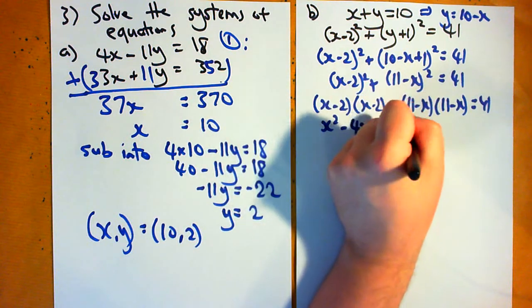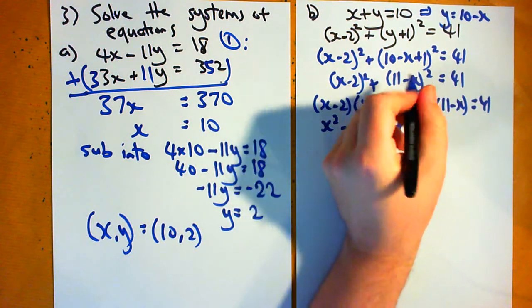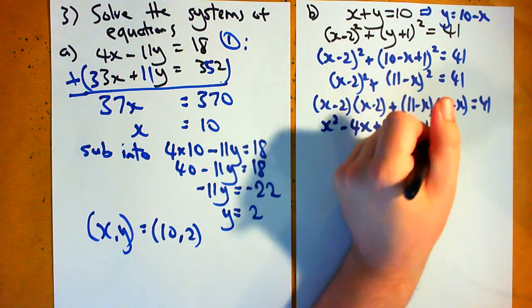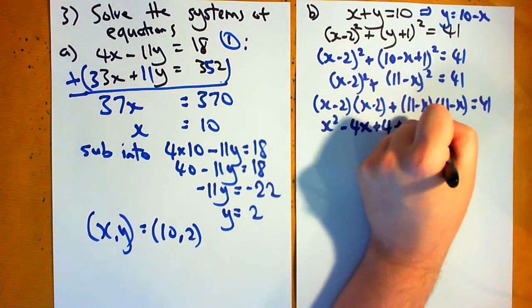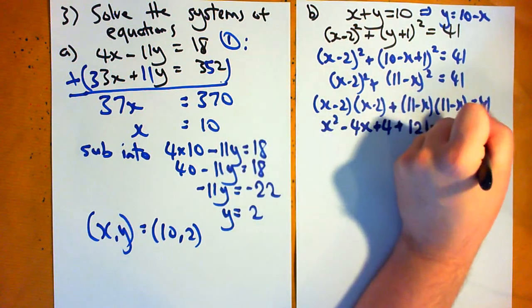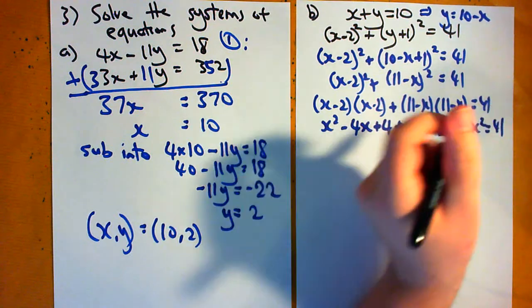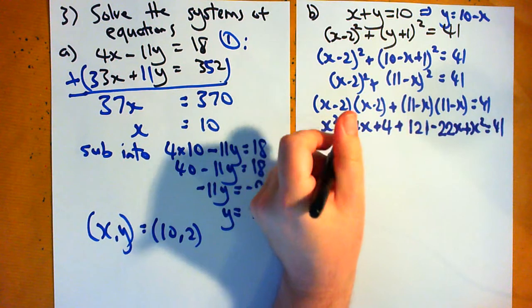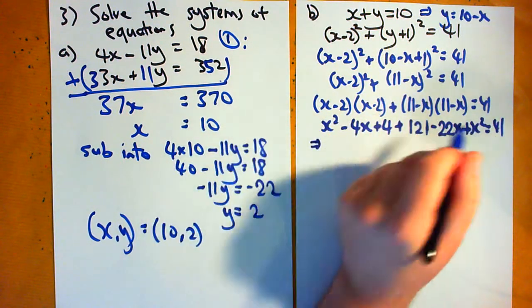What does that give us? That gives us 121. Then we've got 11 times negative x is negative 11x, minus another 11x in the middle gives you minus 22x. Then we've got plus x squared equals 41. And let's simplify that equation as much as we can. So we've got x squared and x squared.